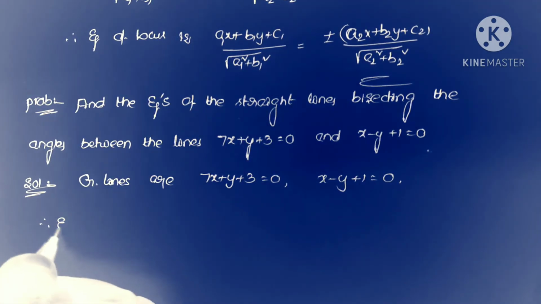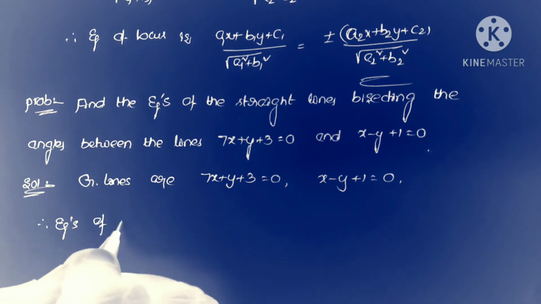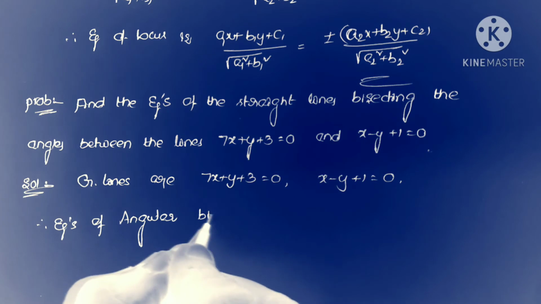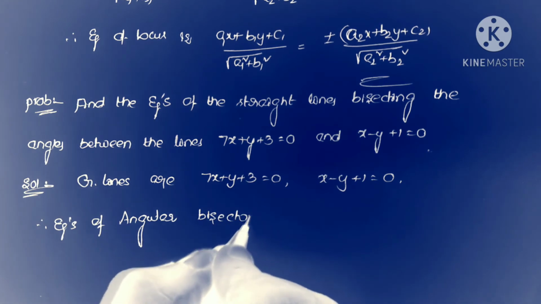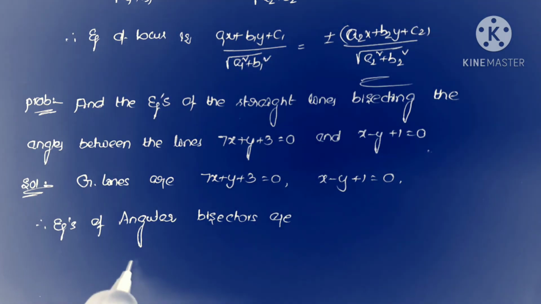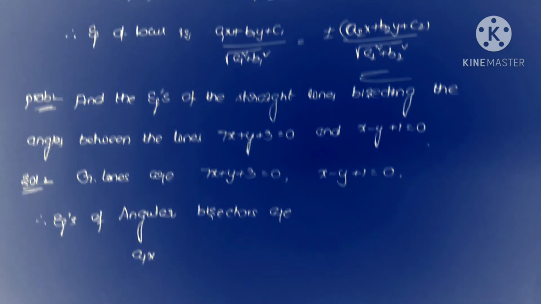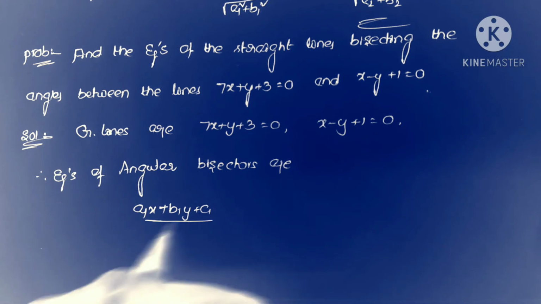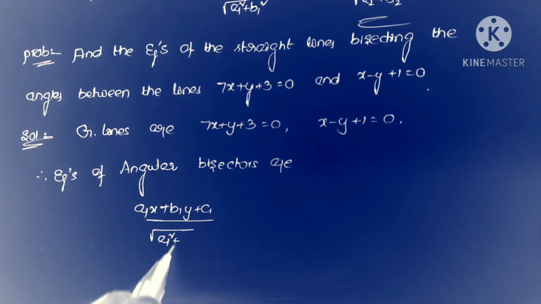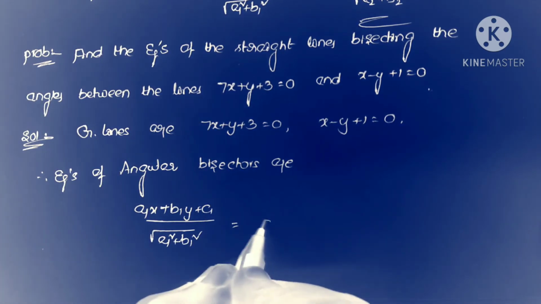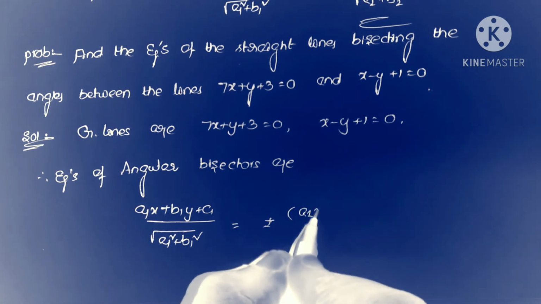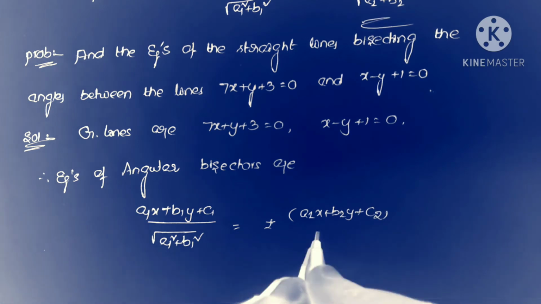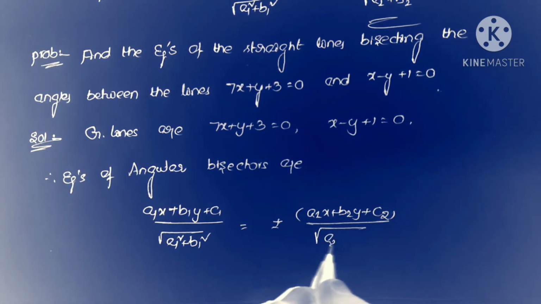Therefore, equations of angular bisectors are, taking the formula, (a1x + b1y + c1) / square root of (a1 square + b1 square) equals plus or minus (a2x + b2y + c2) / square root of (a2 square + b2 square).